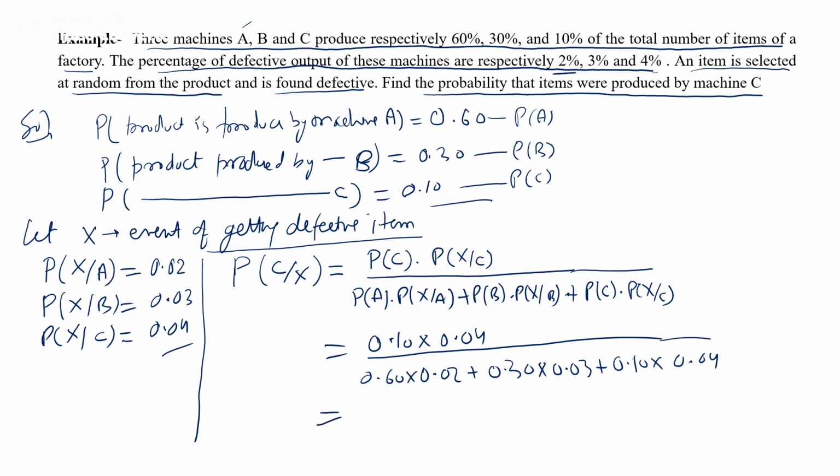When we simplify this we get 4 by 25. So this is the probability that the defective product was produced by machine C. So here we find the probability of the machine when the product is already defective.